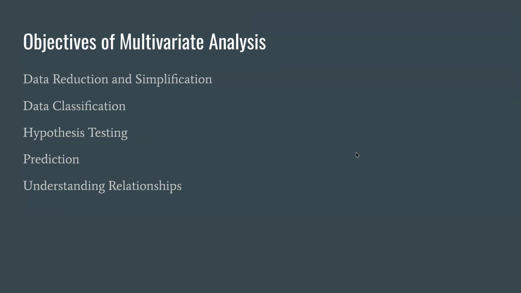Now let's move on to objectives of multivariate analysis. The objectives of multivariate analysis are diverse. One major goal is data reduction and simplification. What do we mean by data reduction and simplification? We mean that we are reducing the number of variables while retaining essential information. Another objective is data classification. It is grouping observations into categories based on their characteristics.